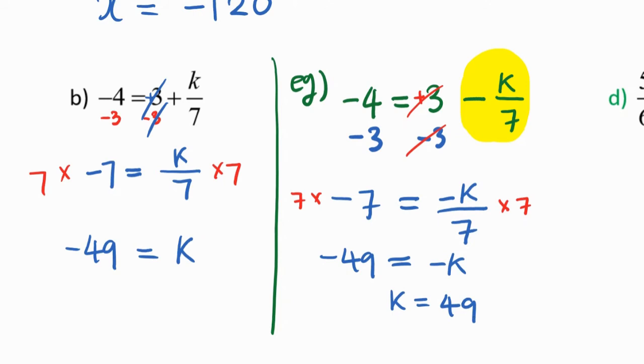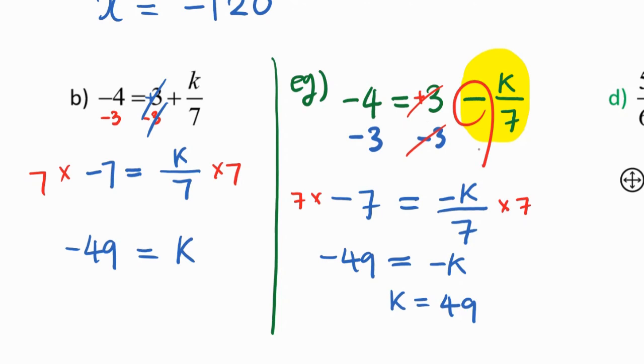So be careful. So this one has positive here, but this positive belongs to k over 7. This one has negative here, and that negative sign belongs to k over 7. Okay? It's not really related to this 3. This negative sign is not for this 3.